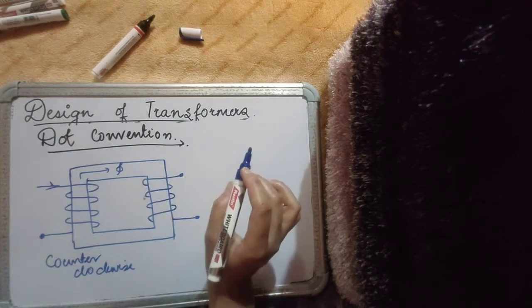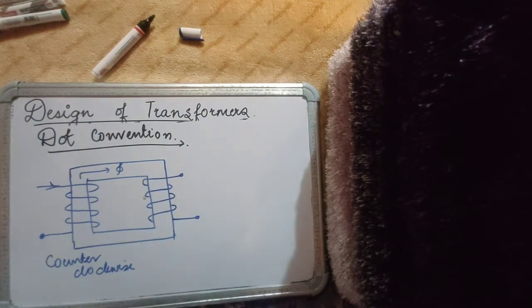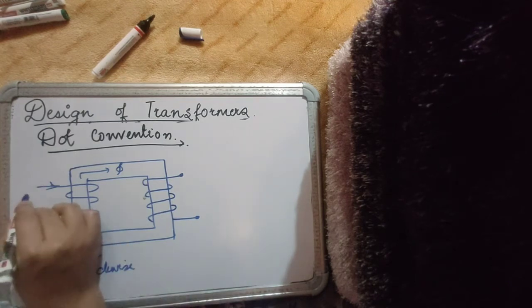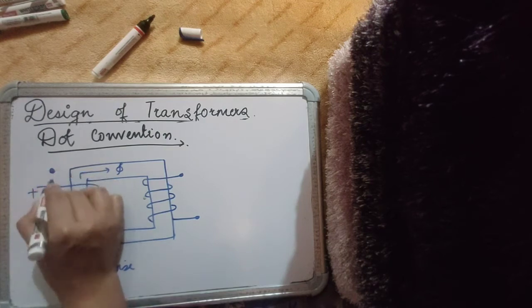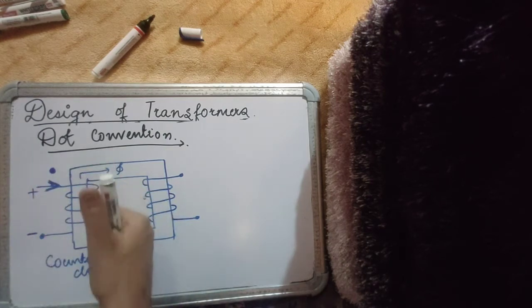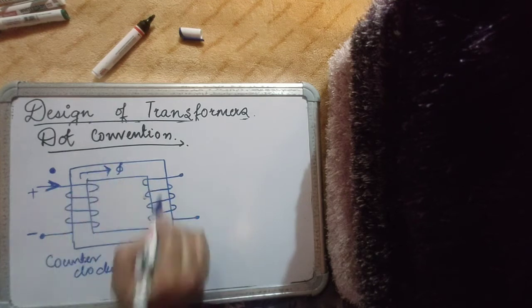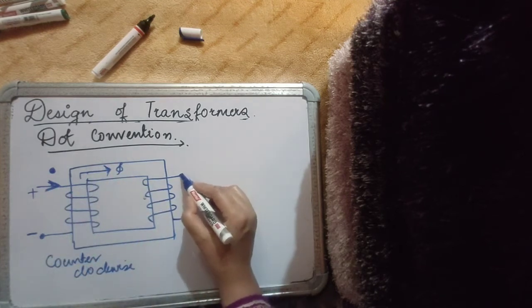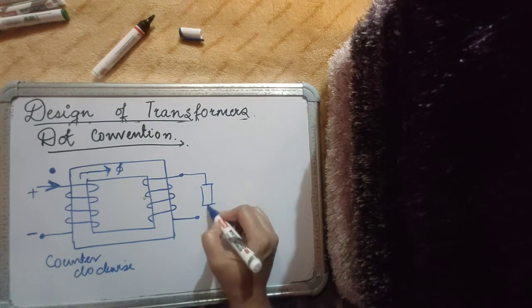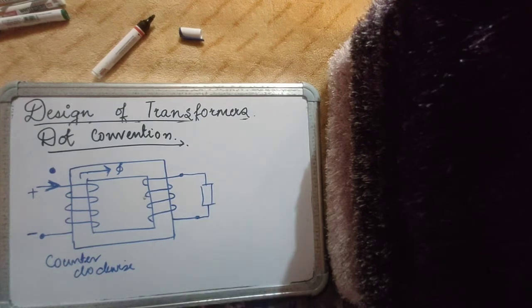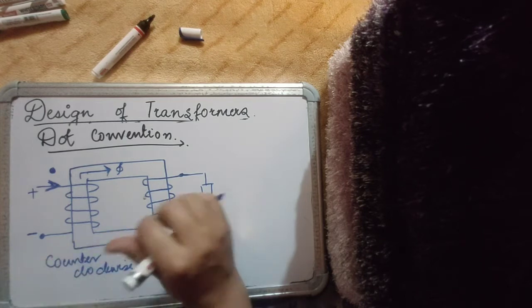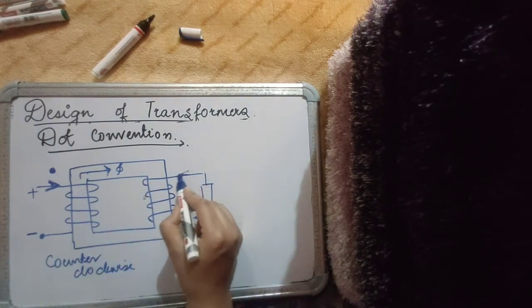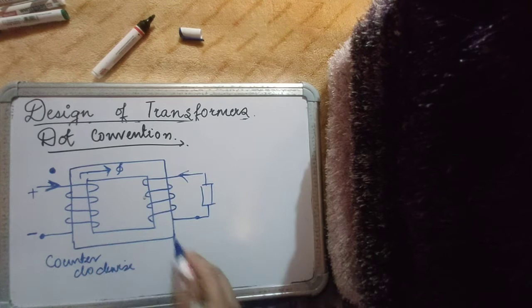And now let's see how the EMF will be induced. Now if some voltage source has been applied, and let's say this is my dot and the current is entering the dot, it will of course produce flux in this direction, right? And the secondary winding will induce an EMF which will cause a current to flow that will oppose this flux. So in order to oppose, if the current flows like this, then the flux will be aided.